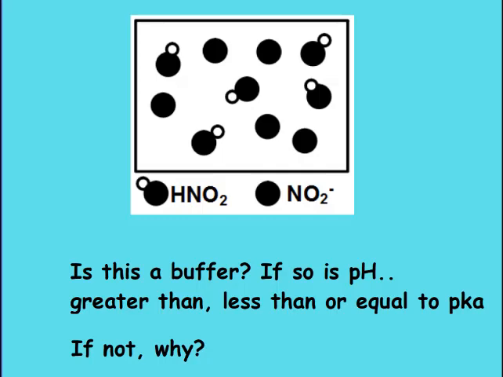So first off, is this a buffer? If it is a buffer, is the pH greater than, less than, or equal to the pKa, whatever that may be? And if not, why? So in this case, we have a weak acid and its conjugate.